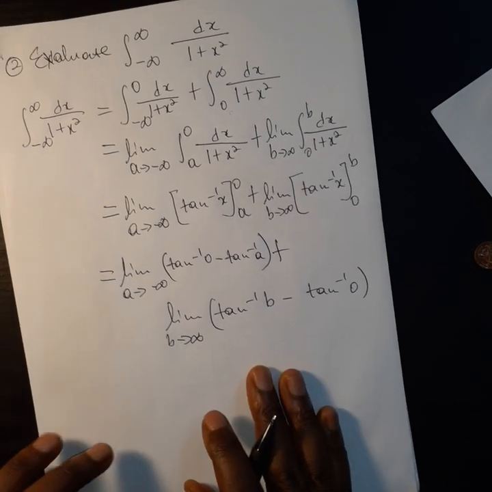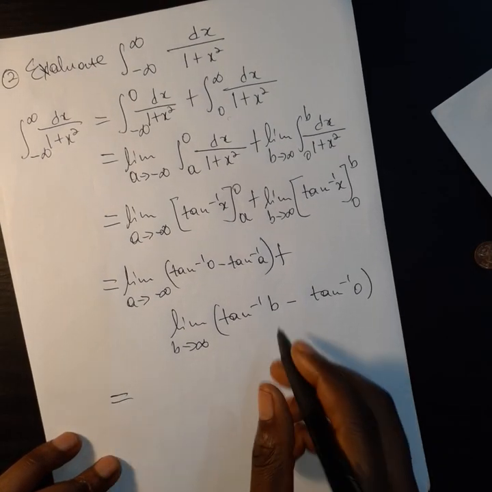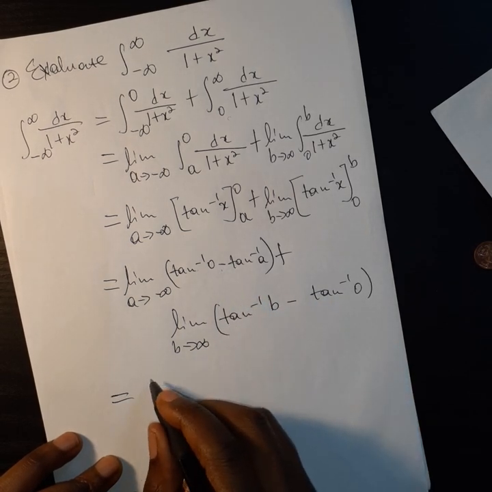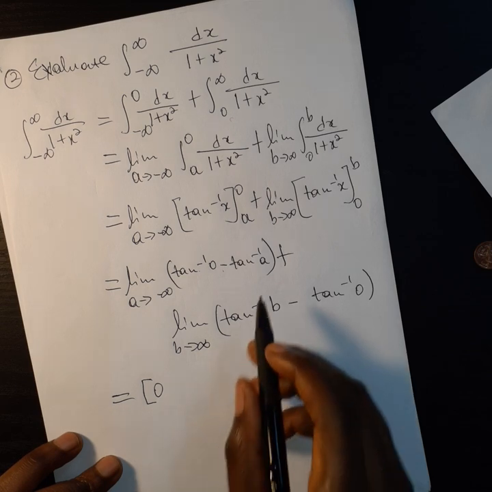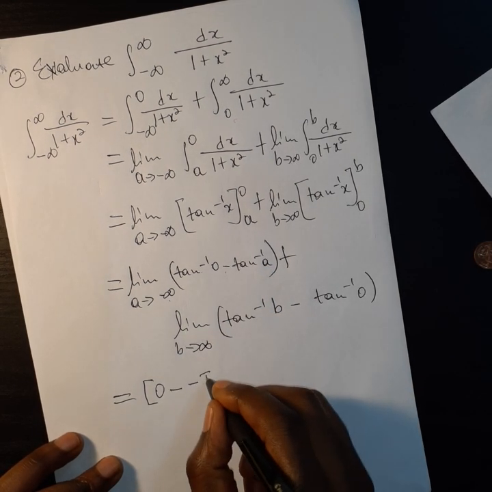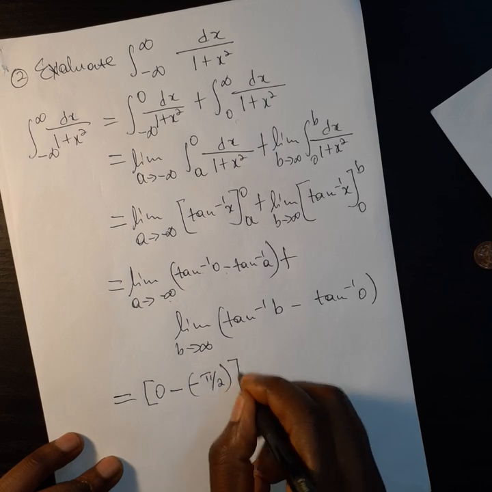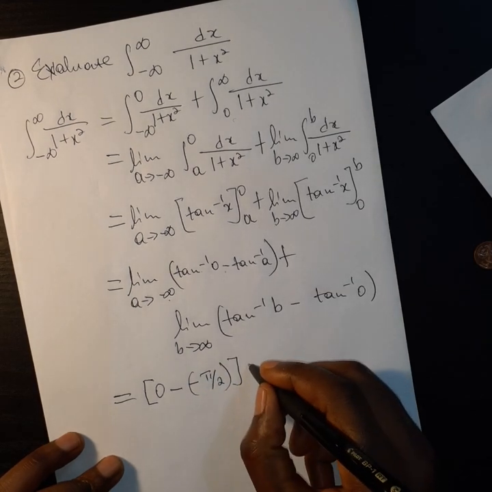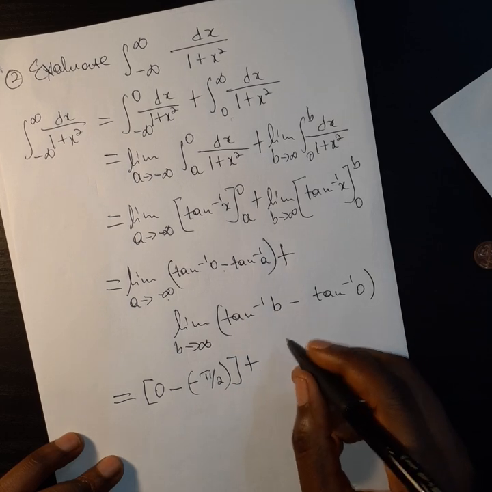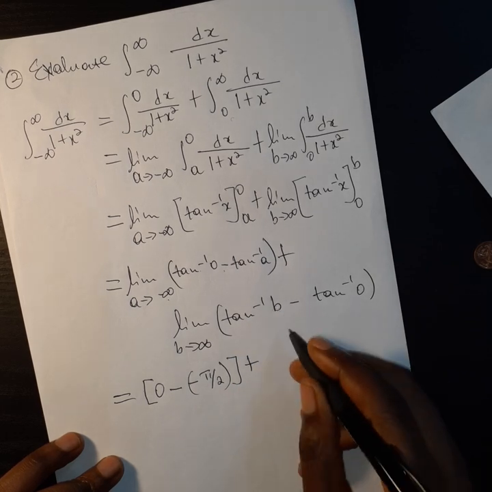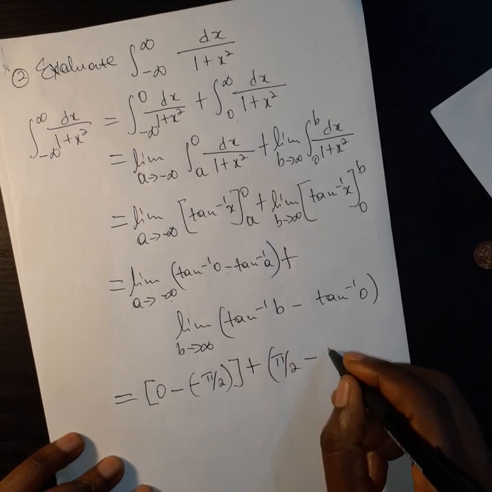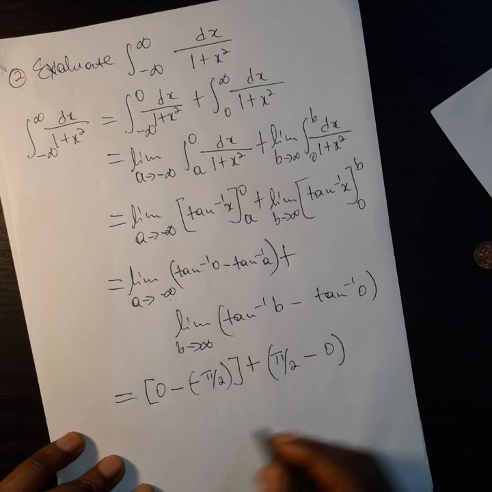Then we understand that arctan of 0 is 0, arctan of negative infinity is minus pi over 2, plus arctan of infinity is pi over 2, minus arctan of 0 is 0.